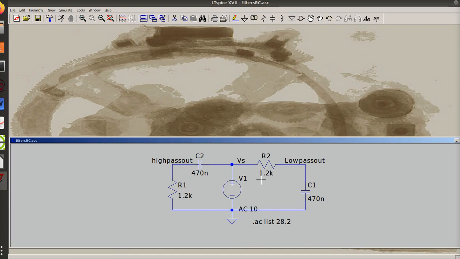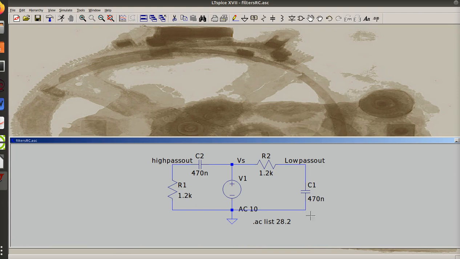Now let's think about this before I hit the go. If my frequency is lower, then my capacitive reactance gets bigger. As my capacitive reactance gets bigger, more of my signal will go out, or I'll have a higher voltage at my low pass out.